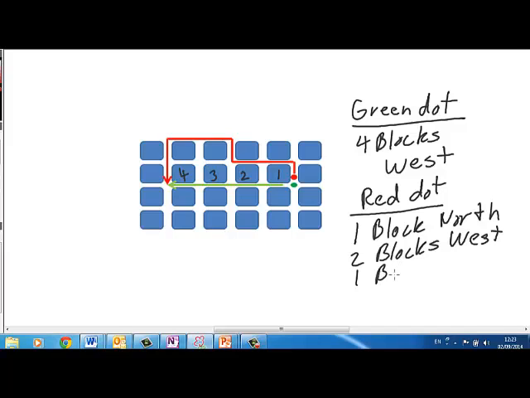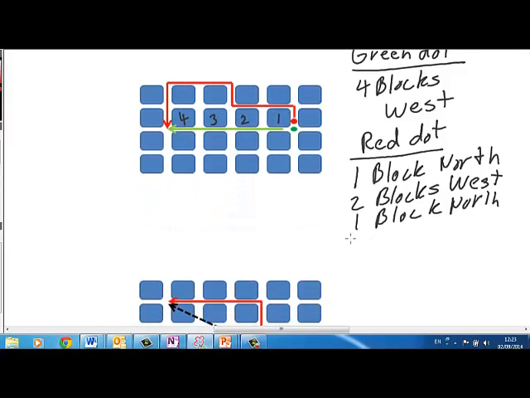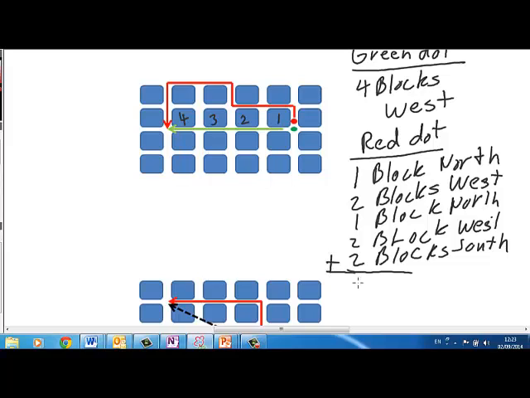Then 1 block north, then 2 blocks west, and finally 2 blocks south. So all in all, your friend walked 1, 3, 4, 6, 8 blocks total when you sum together his distances. So he would have walked a distance of 8 blocks.